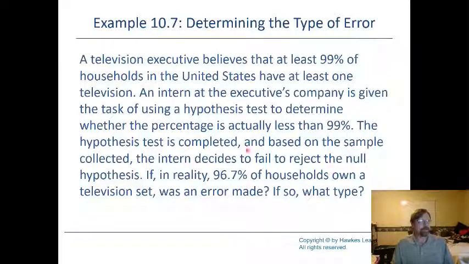After this is completed, based on the sample collected, the intern decides not to reject the null hypothesis. Somehow we know that in reality it's 96.7% of households. So was an error made, and if so, what type?